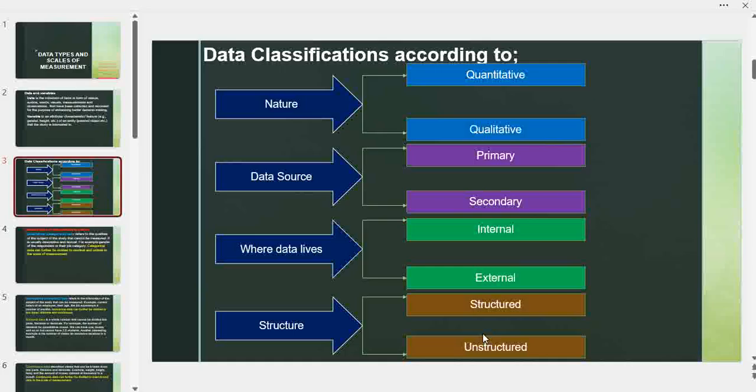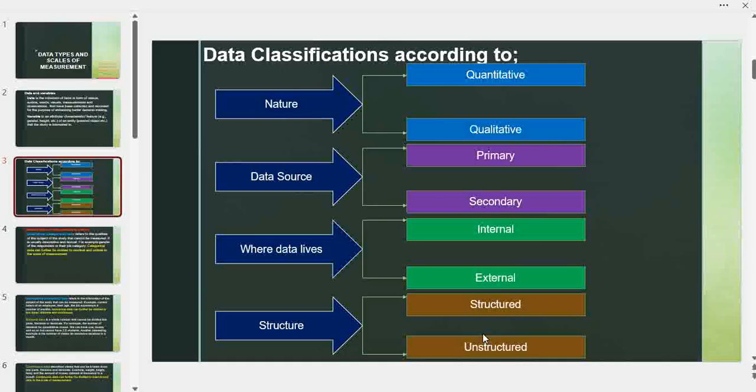We classify data according to structure. We have structured data and unstructured data. Structured data is the data that has been structured with rows and columns, with the first row giving us the description of the variables, and rows giving us the cases.